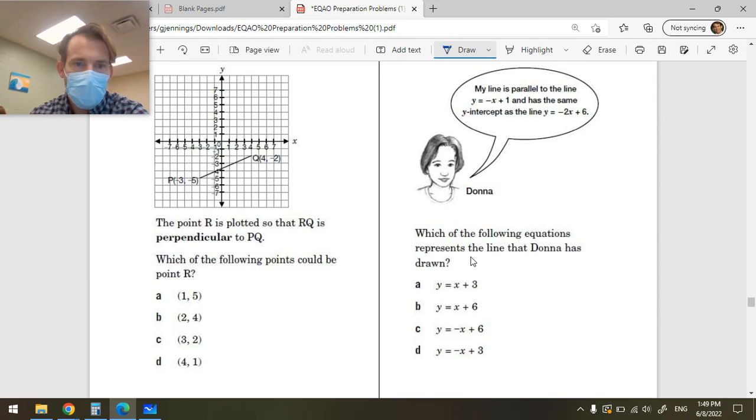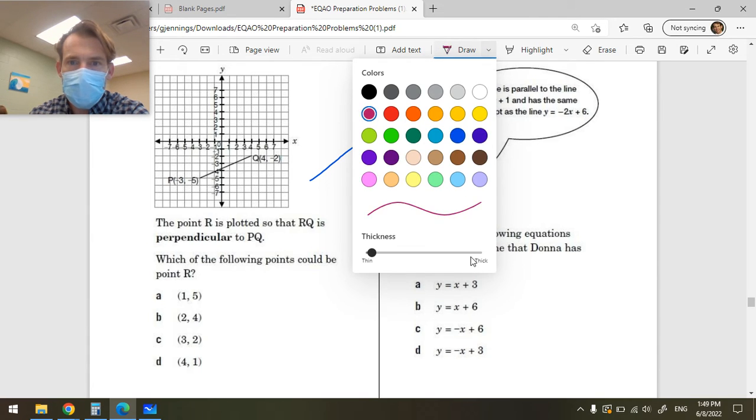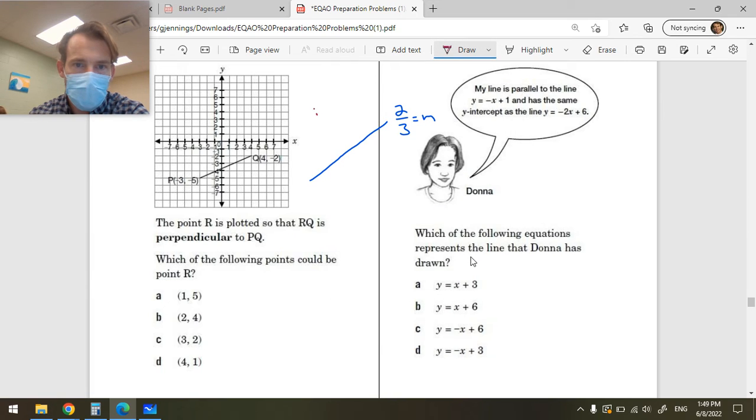Okay, so here's the thing with perpendicular slopes. If I have this line here, and let's say it has a slope of 2/3, and I want a line that's going to be perpendicular to that, I'll draw it in purple to delight the senses. Trust me, that's perpendicular.